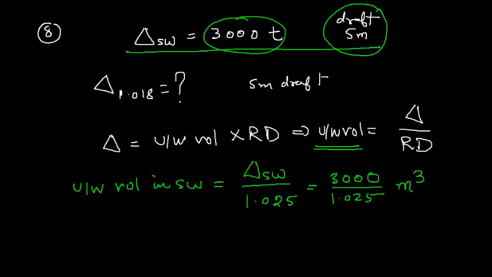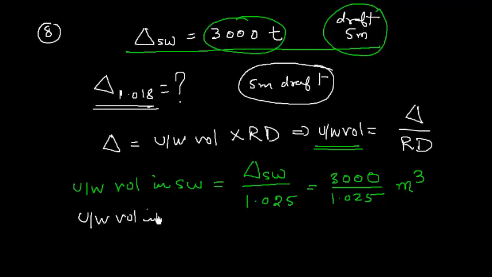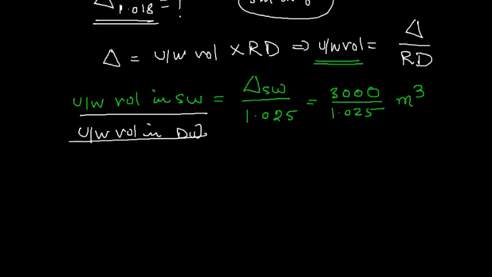Now I have the same draft of 5 meter in dock water. That means the underwater volume in dock water is also the same, because if the draft is same, underwater volume is same.